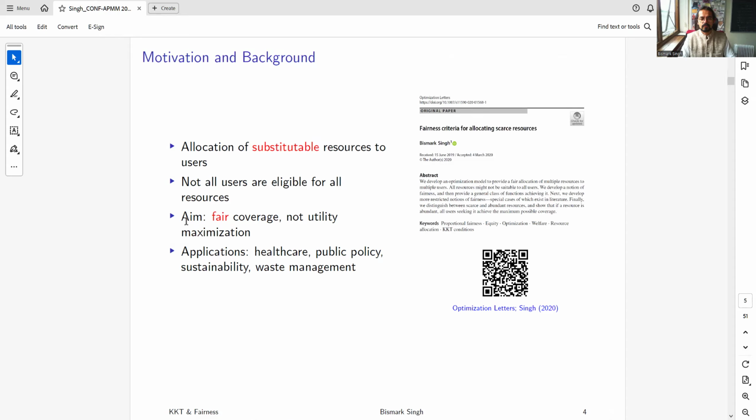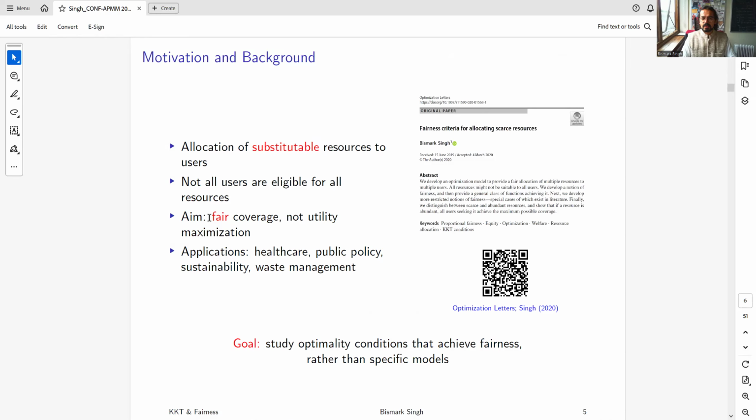So we don't know yet what fair means in this setting, but that's what this whole talk is about. We are not so interested in maximization of utilities as is often done in the resource allocation setting, but our key goal is to ensure some notion of equity or fairness. This will be a general setting that finds applications in plenty of interdisciplinary topics related to healthcare, public policy, sustainability, recycling, and waste management.